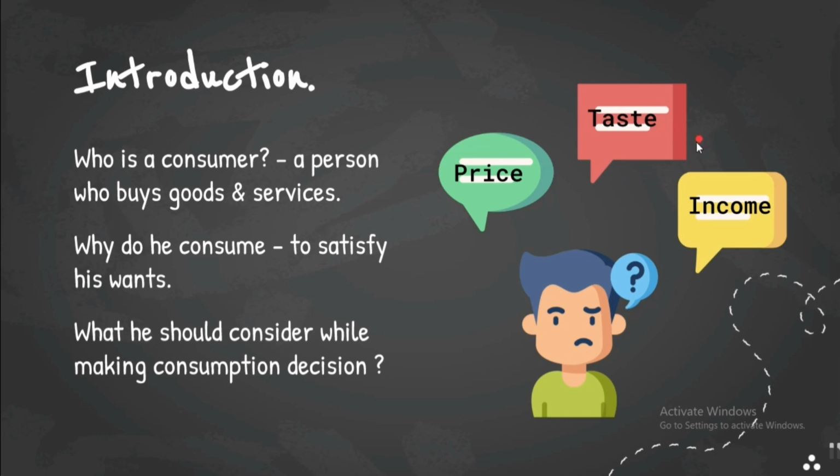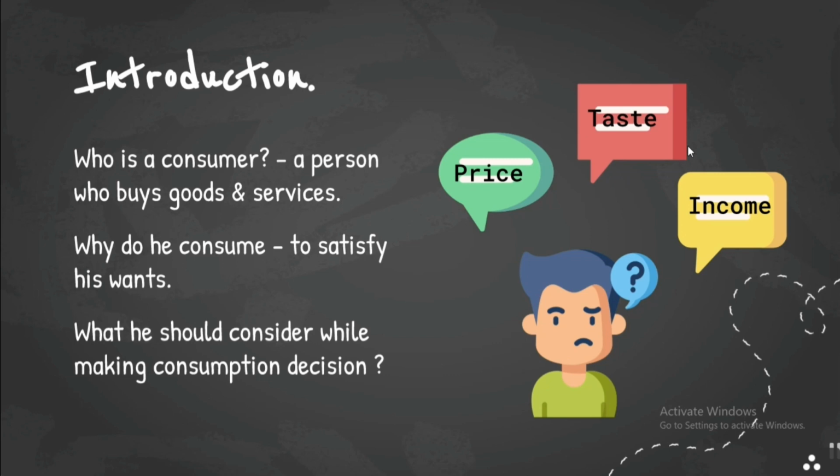Then taste. How does taste affect it? Of course, you won't consume something that you don't like. You will always consume a product that you like. So taste plays a main and important role in deciding consumption. Then last but not the least, of course, it is income.